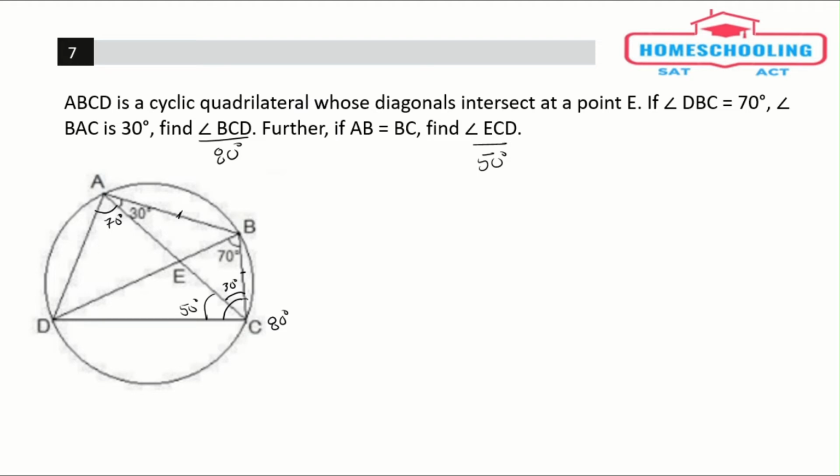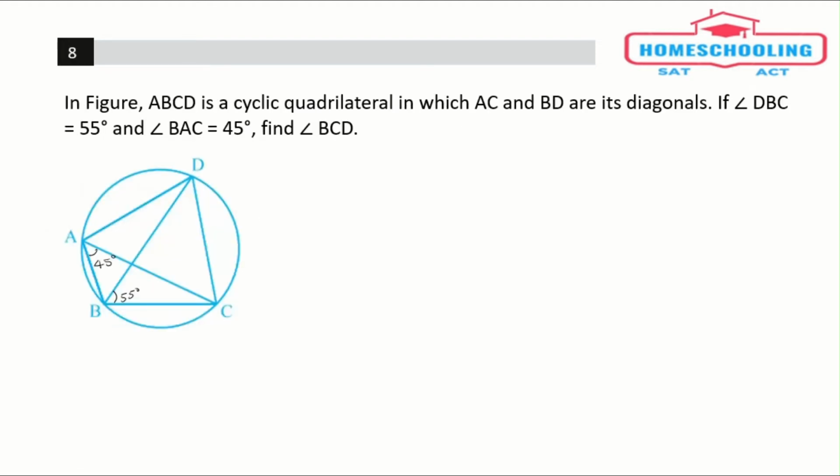On coming to the next question, in the figure ABCD is a cyclic quadrilateral in which AC and BD are its diagonals.